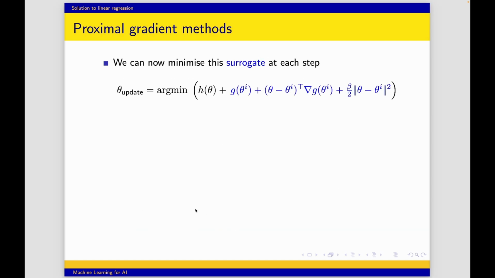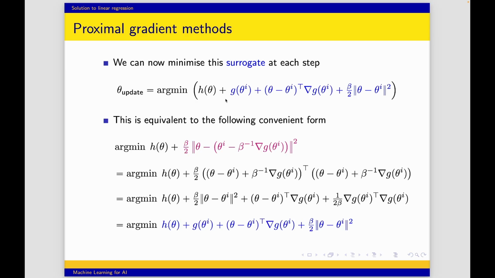Okay. So why don't we try that? Why don't we try to minimize this surrogate, this replacement for our function g plus h? This is equivalent to the following. Now, this involves a little bit of algebra, that's all it is. And I'm doing this because we can use a little trick, if you will, based on some algebra.